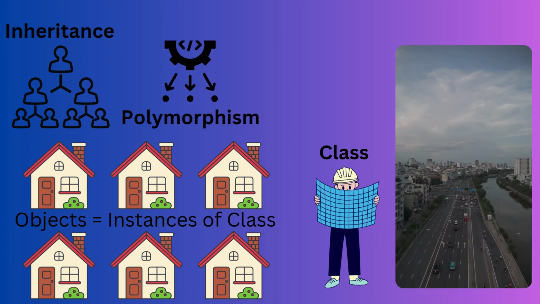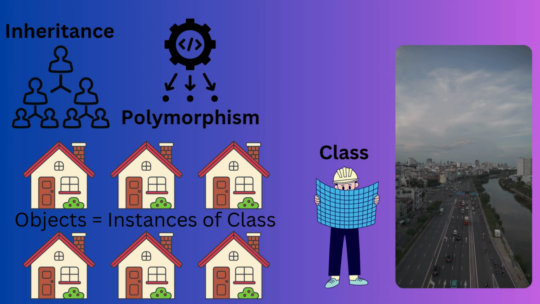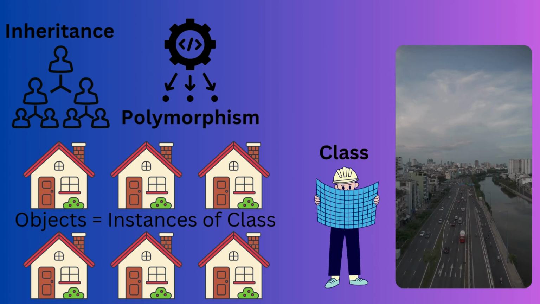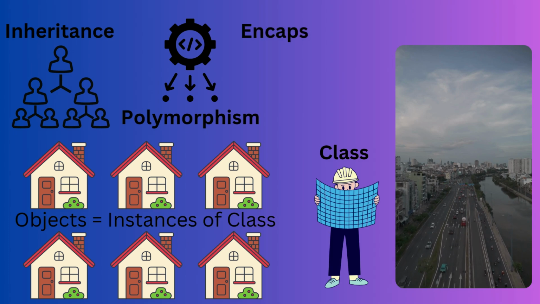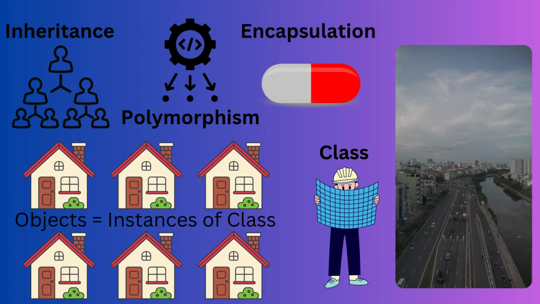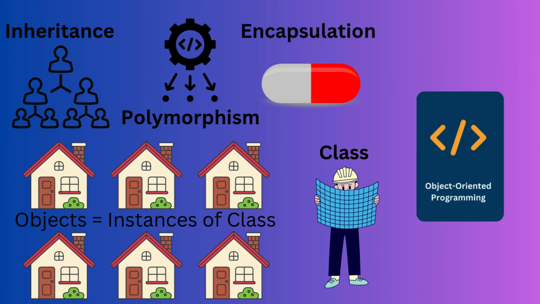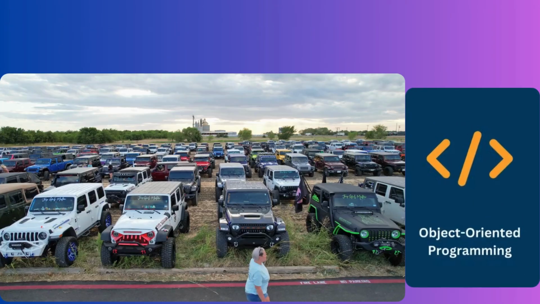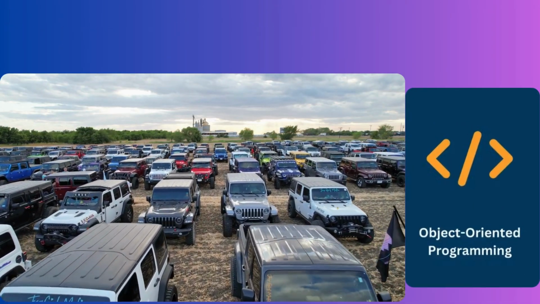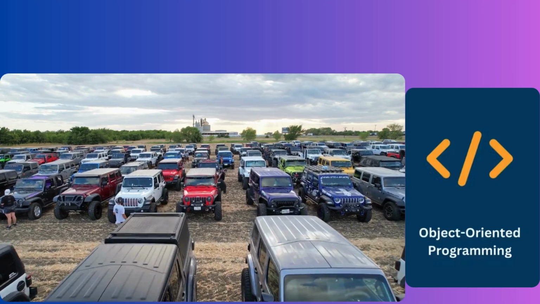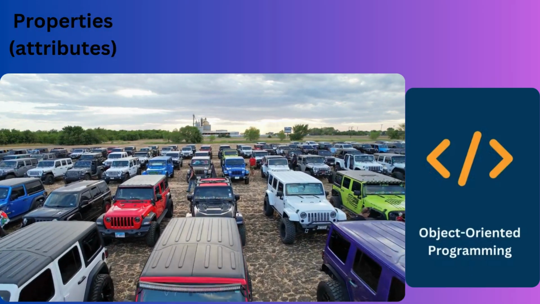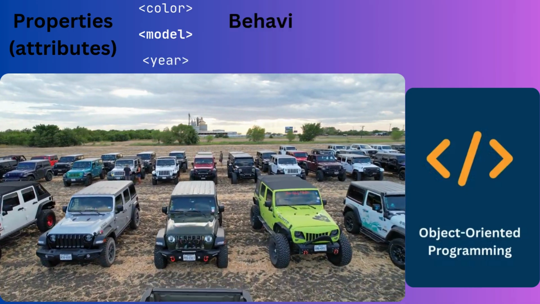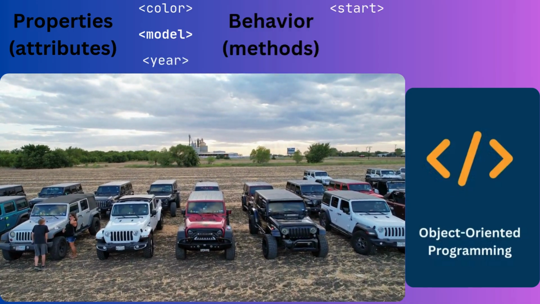Polymorphism, where an object of a different class can be treated as an object of a common superclass. We also have encapsulation, which hides the implementation details, and abstraction, which extends encapsulation. An example would be a car object, which might have properties like the color and the model, and will also have behaviors like starting, stopping, or honking.